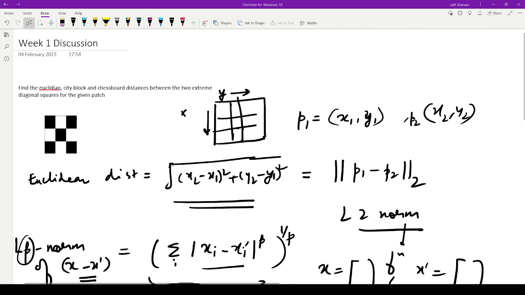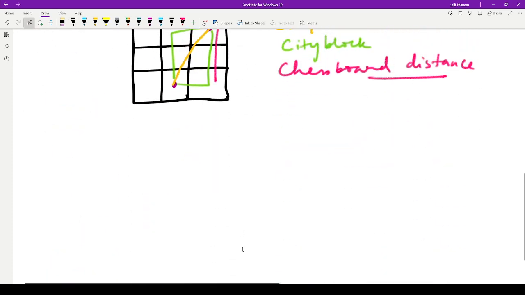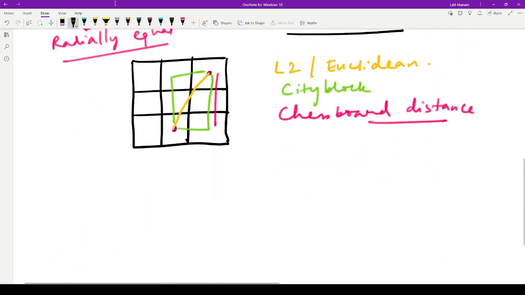Now we can just plug in the values and find the Euclidean distance between two extreme diagonal squares of a given patch. Since we are asked about diagonals, we'll just consider this pixel and this pixel.